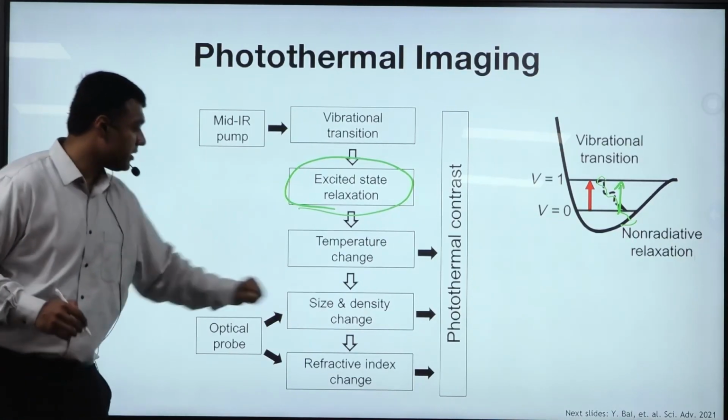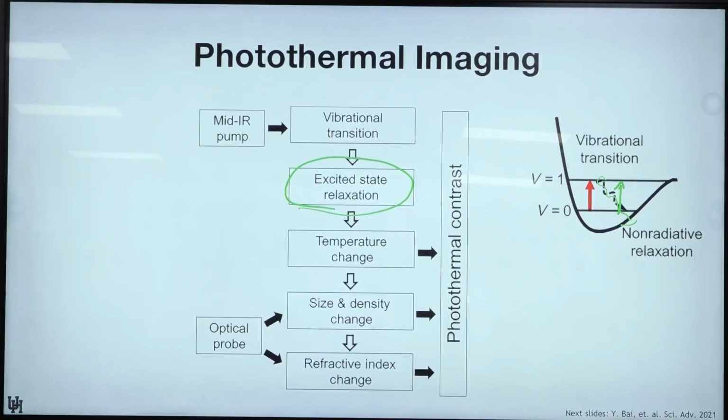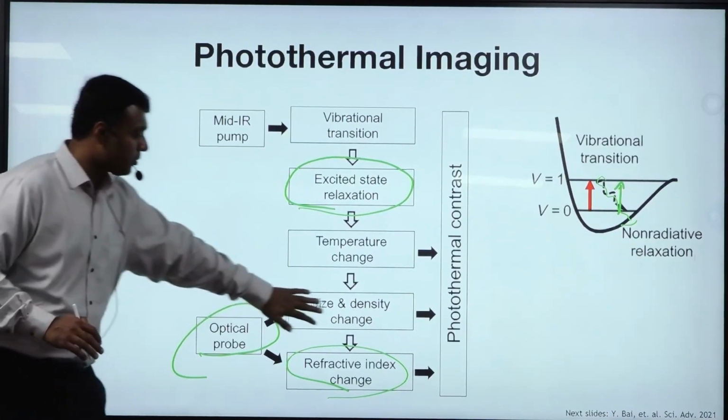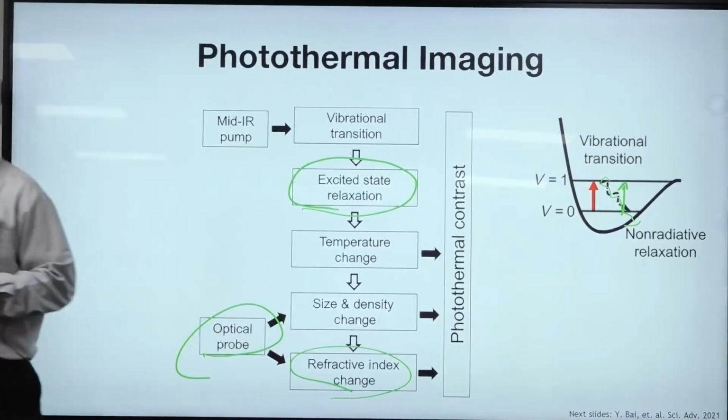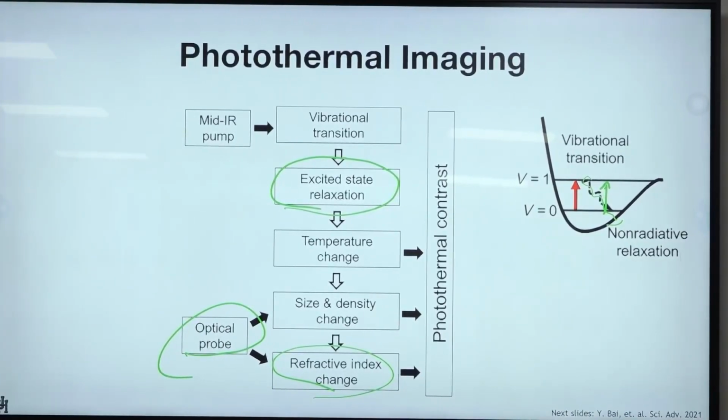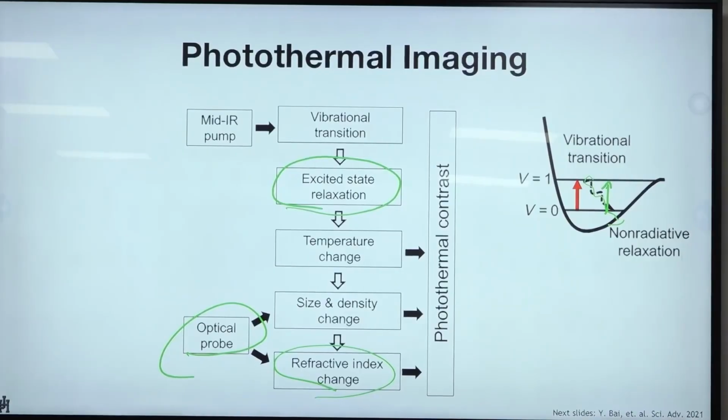And then the temperature change results in a size change. There could be an expansion, there could be a density change, and that could correspond to a refractive index change, which an optical probe can measure. The probe could measure something related to size and density, or something related to the refractive index, and there are different instrument architectures which use each of these approaches.